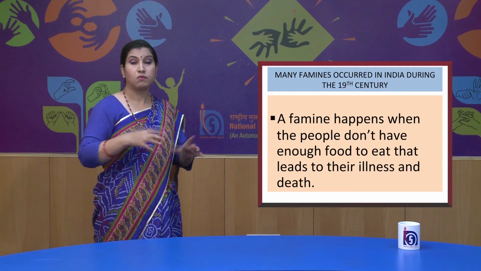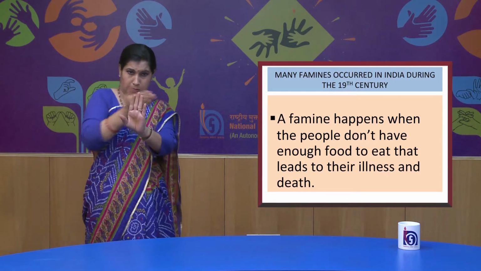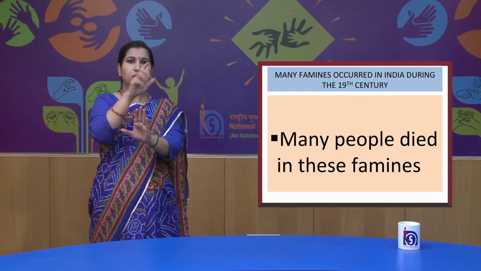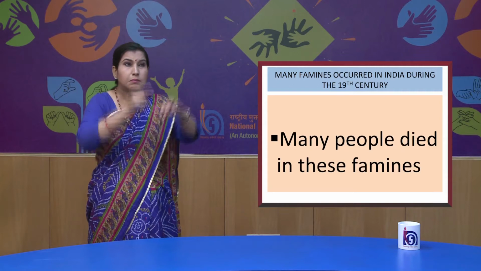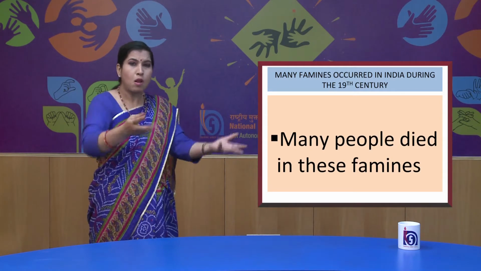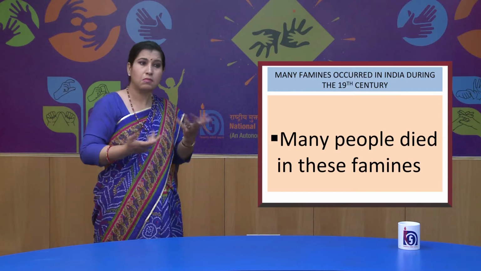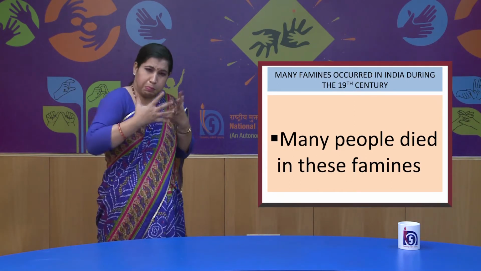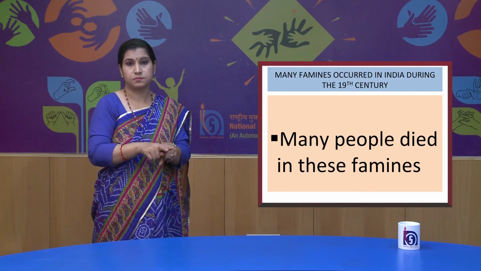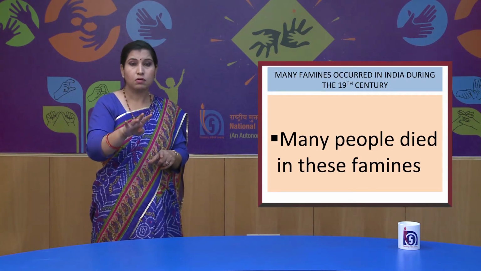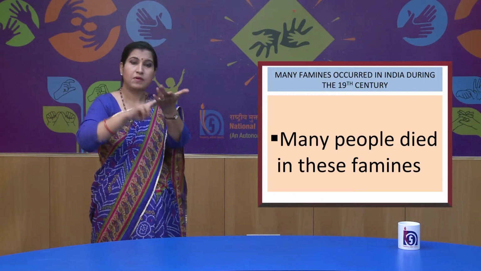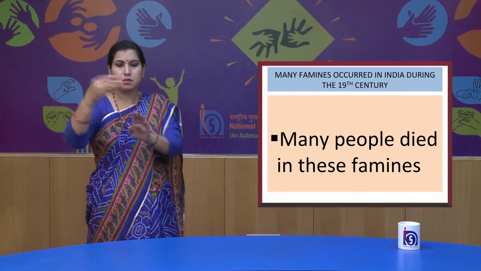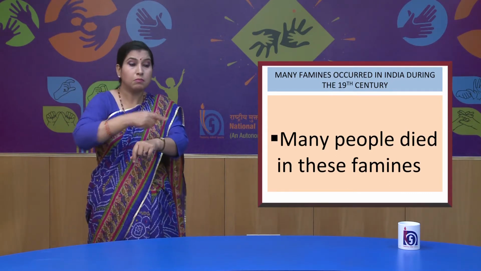During the first half of the 19th century, 7 big famines occurred in India that led to the death of 15 lakh people, while 24 famines took place in the latter half of the 19th century, in which 200 lakh people died.